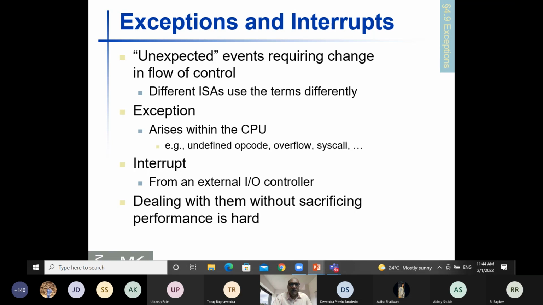And now here we'll try to see that, while you are executing a program, certainly overflow can occur. Sometimes the instruction you fetched is not the opcode of a regular instruction. And sometimes a system call is required. Sometimes there is user input, the user will press the keyboard, for example, or sometimes the instruction you asked for may not be there in the memory.